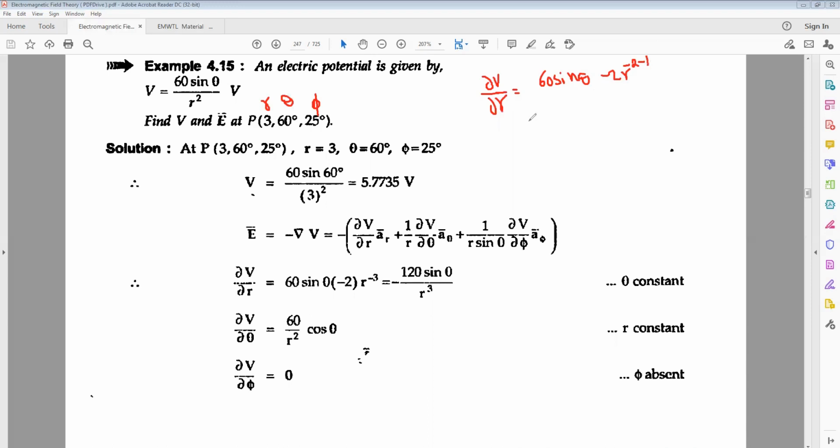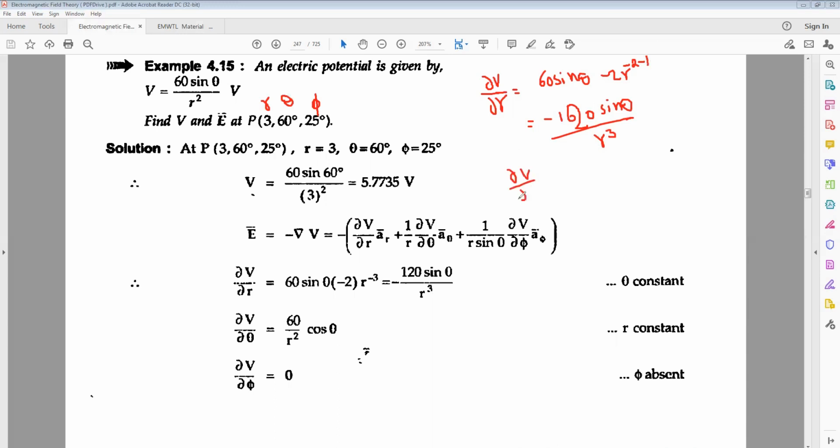That is equal to minus 60, nothing but minus 120 sine theta by R cube. So minus 120 sine theta by R cube is dou V by dou R.